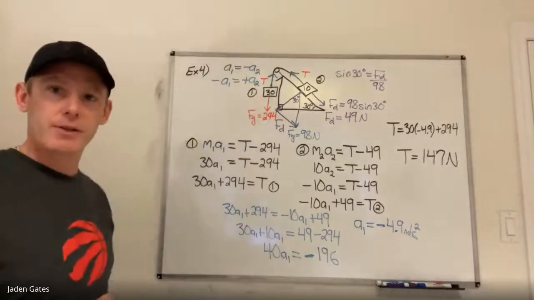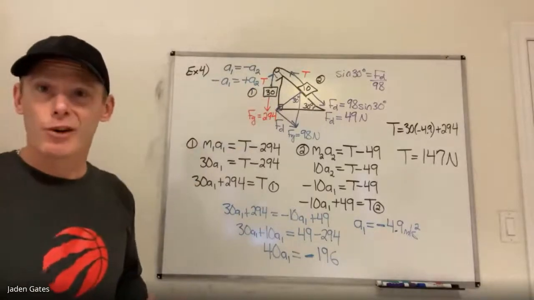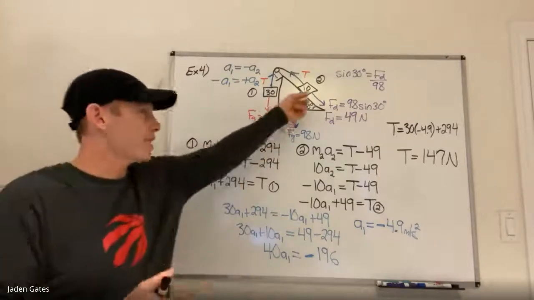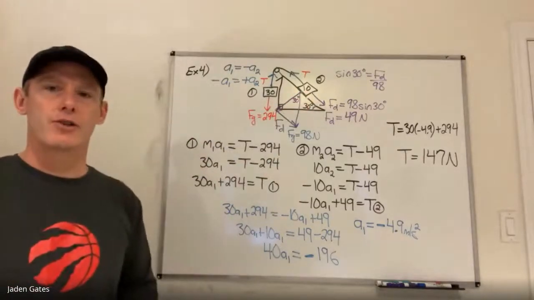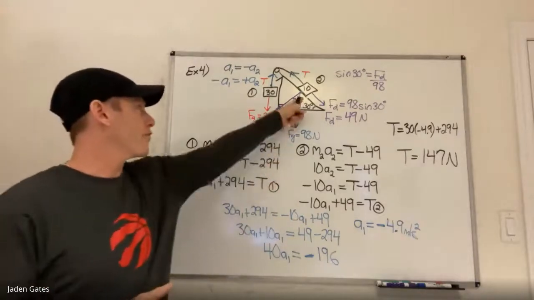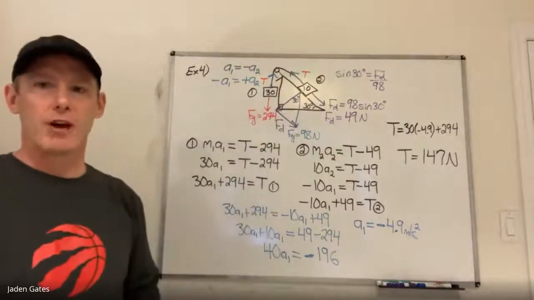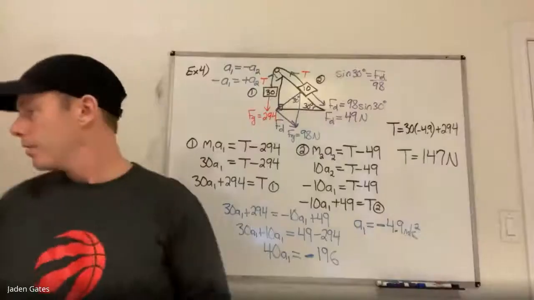That's our first mass, which it looks like it would, right? Like if you've got a 30 kilogram mass and a 10. Doesn't always work out that way, but in this case it did because the weight is so much. The gravity over here couldn't counteract it. Okay. Yeah, because when I did 49 minus 294, I got negative 245.